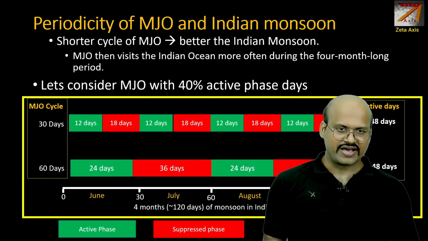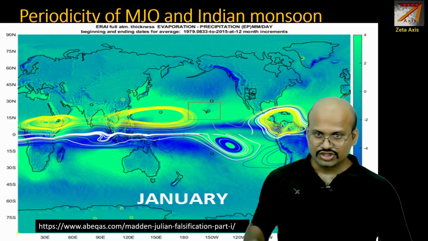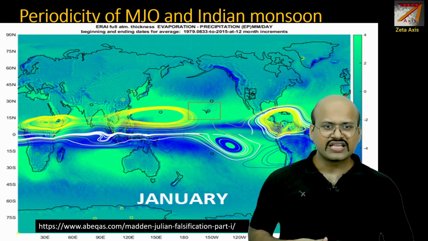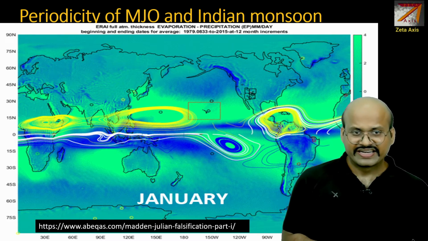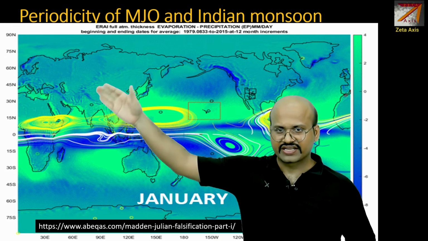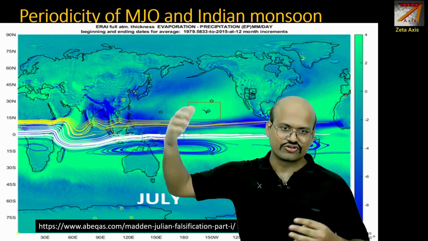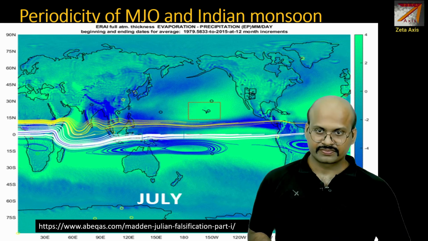So here is my argument. The MJO moves along the equator and it is mainly an equatorial phenomenon. However, it impacts the regions which are in the extratropical region. Remember, the northern part of India is also in the extratropical region.